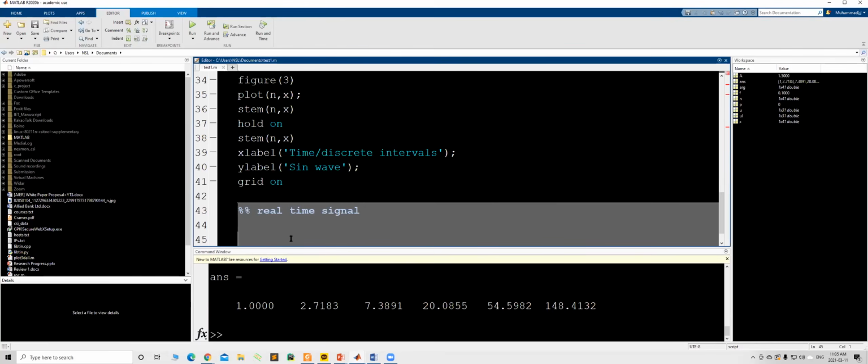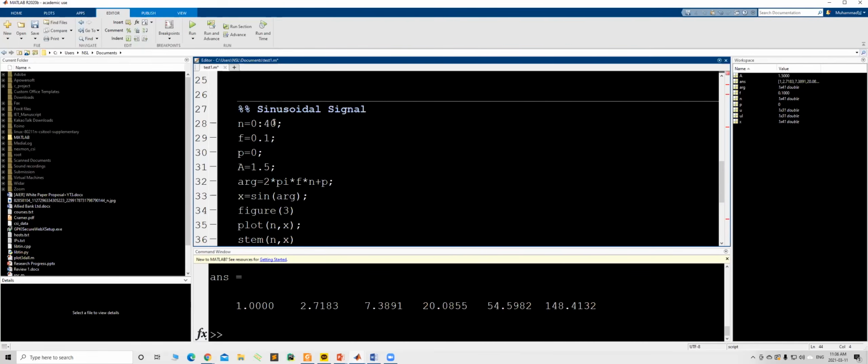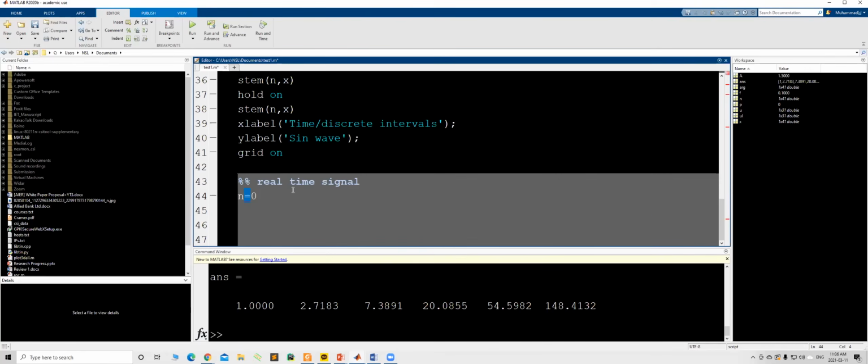For that sake, I will consider some variables for c alpha power n. So C is my amplitude. Again, N is my discrete interval. I'm always choosing the N value differently because I don't want to confuse you with the previous N value, because previously I used the N value 0 to 40. Let's say this time I'm using 0 to 35.